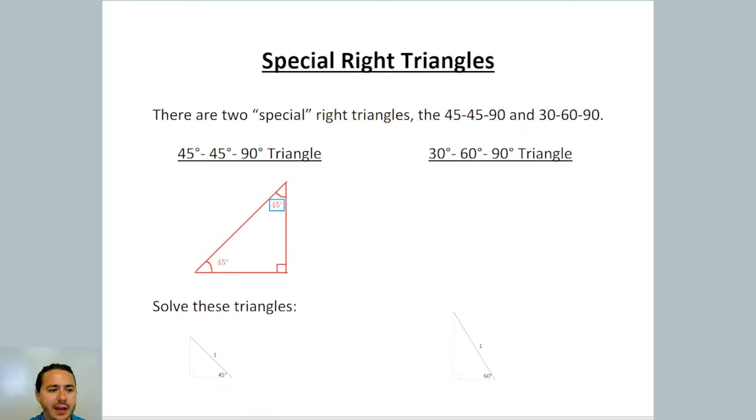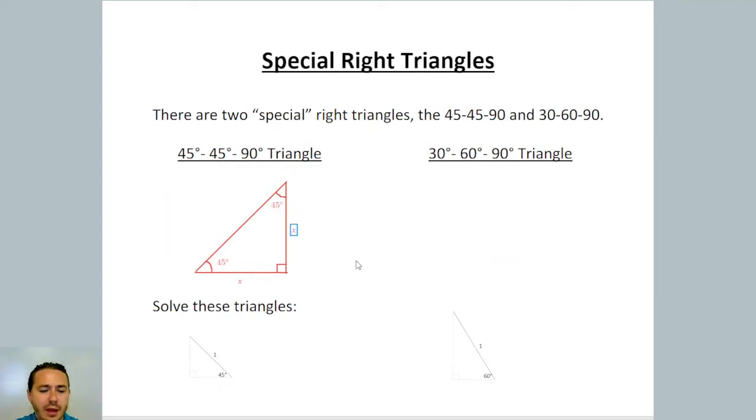Okay, so let's say that this side length was x. If this side length is x, then because the two opposite angles are equivalent, this is 45 degrees and that's 45 degrees, then this side is also going to be x.